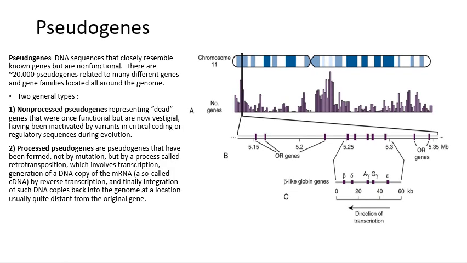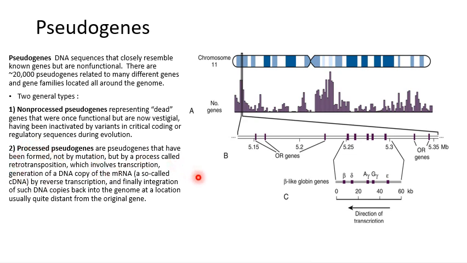And for completion, I have to tell you about something called pseudogenes, which are DNA sequences that closely resemble known genes, but they are non-functional, and they are generally of two types. Either they are non-processed pseudogenes, representing dead genes that were once functional but now are not functioning anymore or are inactivated, or what we call processed pseudogenes.